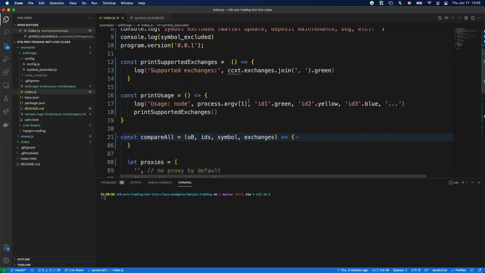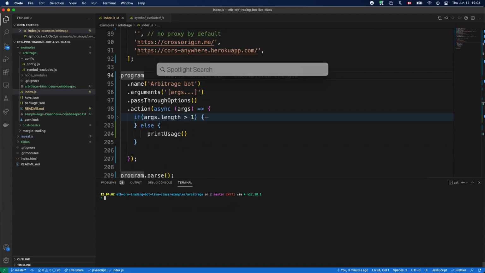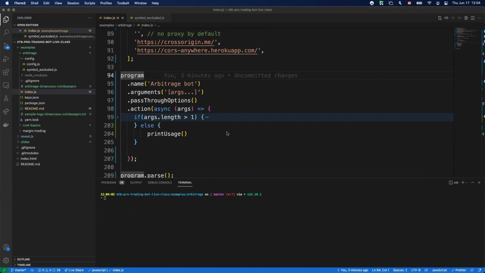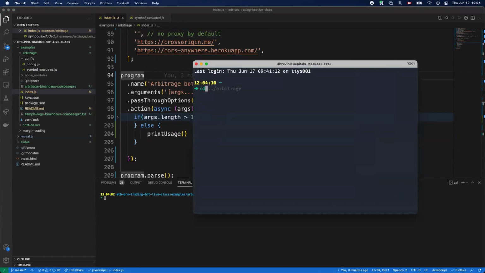All right, so whenever we'll be running this bot, it is going to start from this line number 94. So let's go and start arbitrage. All right, so I will be opening up the terminal just because the fonts will be visible.